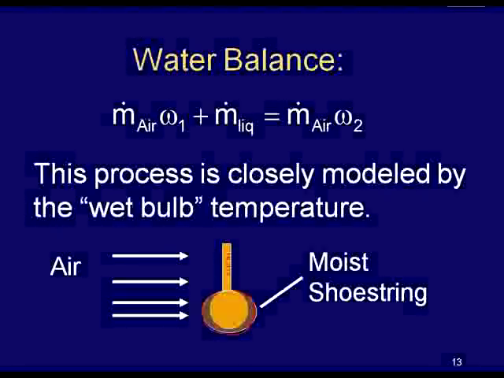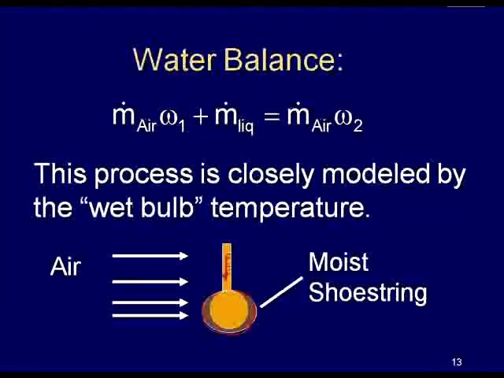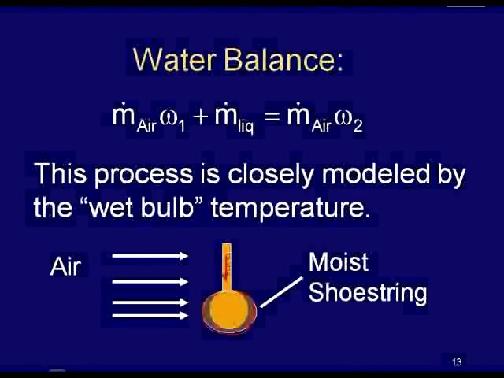Dry bulb temperature is just the regular temperature, and the temperature will drop down as the water evaporates and reach an equilibrium. That is called the wet bulb temperature, and it's pretty close to the same thing as saturating the air. So the adiabatic saturation temperature and the wet bulb temperature are very closely related to each other, practically the same thing.